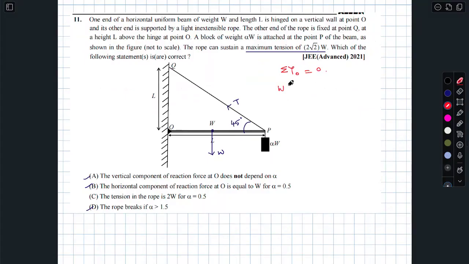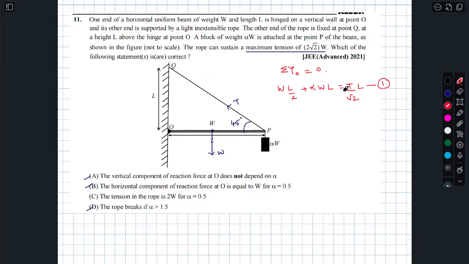So W times L by 2 plus alpha WL is equal to T by root 2 times L. And don't ask me why it is T by root 2, because 45 degrees. Let this be equation 1.